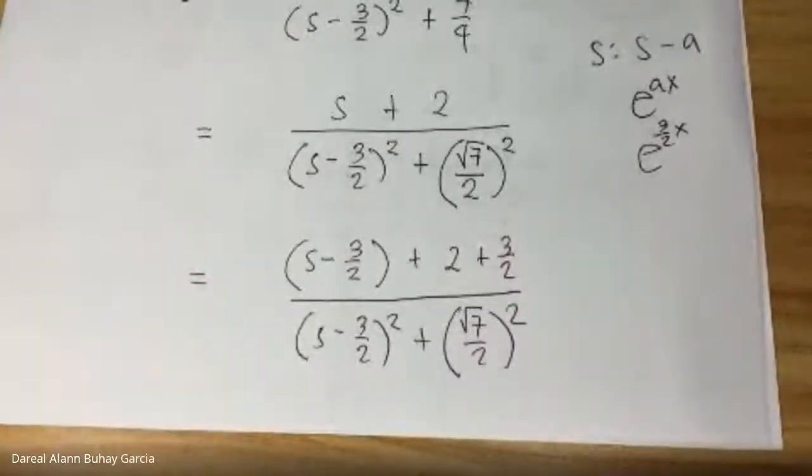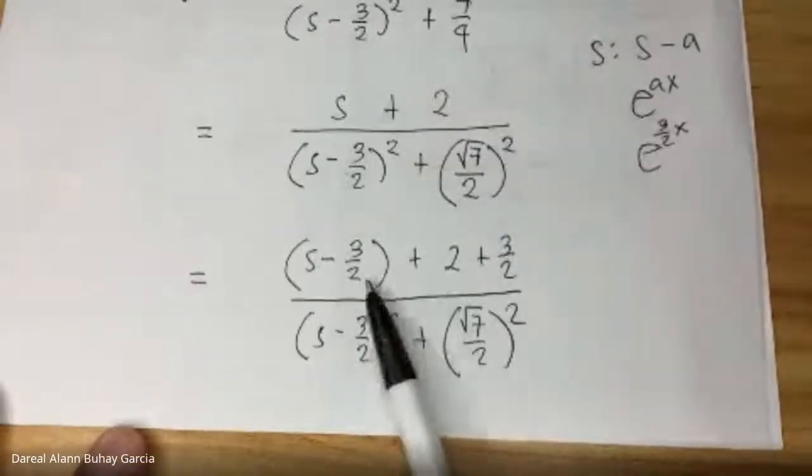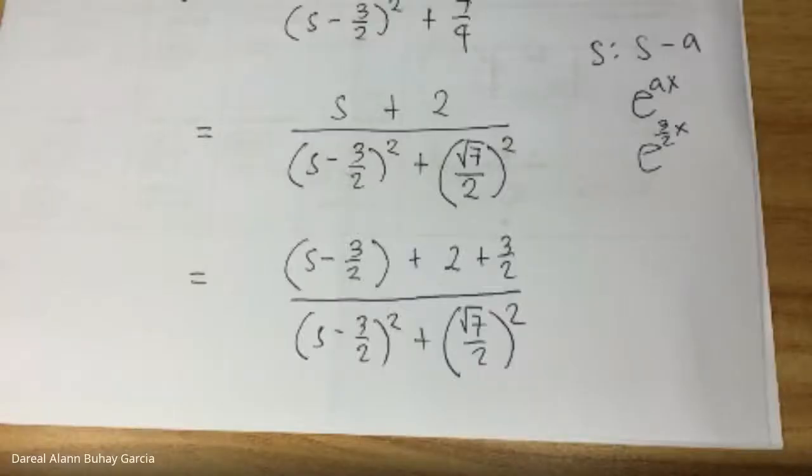Okay pa? Ang nabago lang sa numerator is nag-plus minus lang ko og 3 halves. Sabtan pa so far? Okay. So, plus 7 halves.